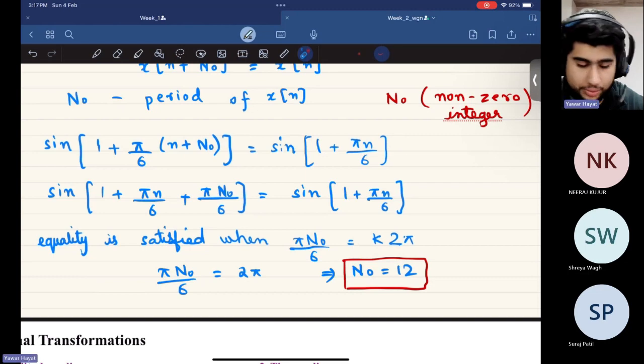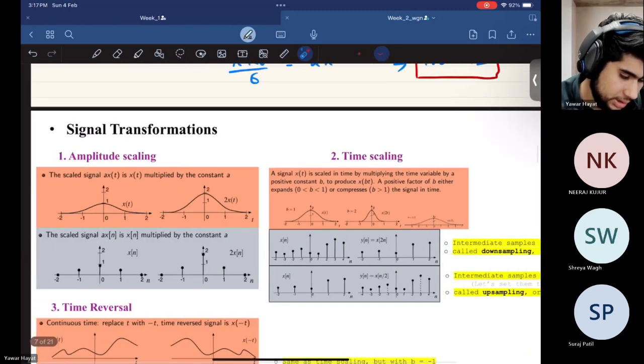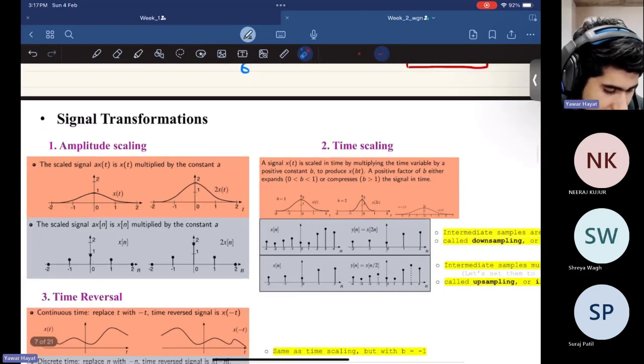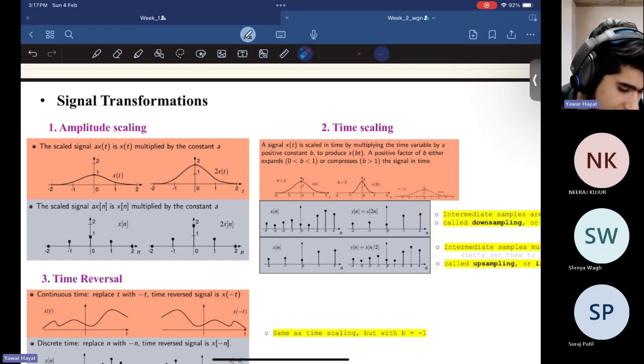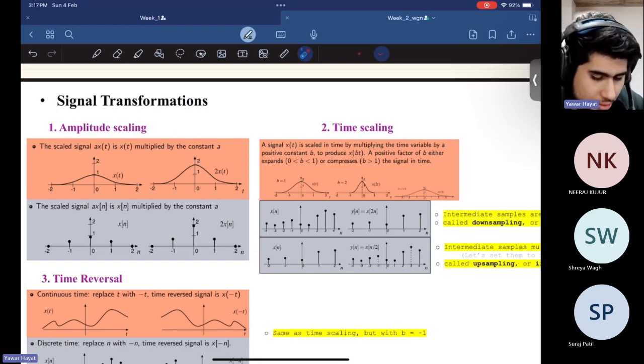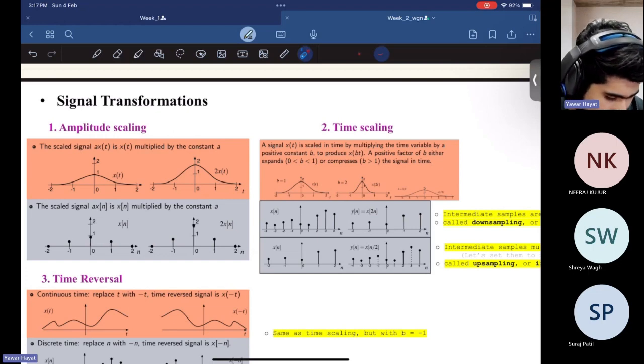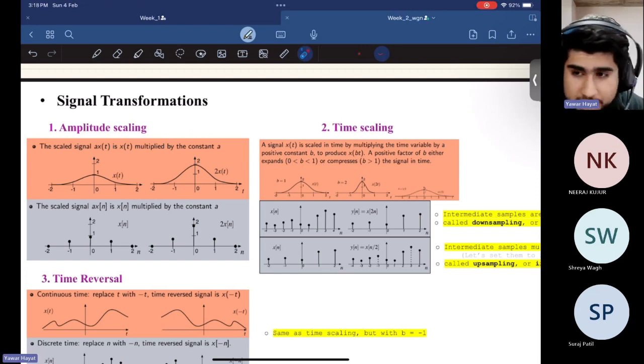Yes, sir. Okay, so let's move on to the signal transformations. We have some transformation operations that we can perform on signals. I'm sure you would have gone through them, but I would still briefly recap and revise them. So let's see the amplitude scaling first.